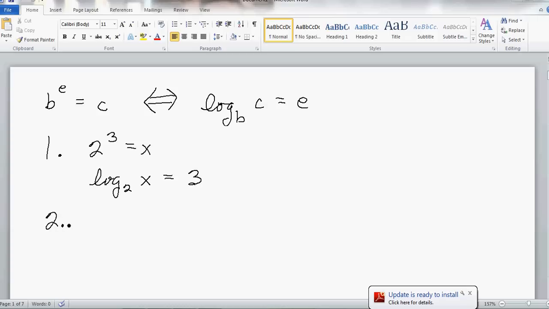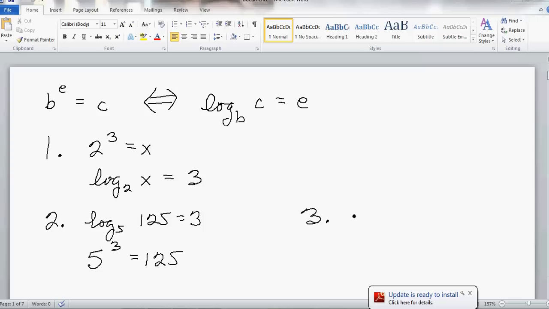Problems 2 and 3 ask us to do the reverse. So if we have log base 5 of 125, that equals 3. Well, that means 5 is the base, 3 is the exponent, and 125 is the other number. And this should make sense. 5 cubed does indeed equal 125.